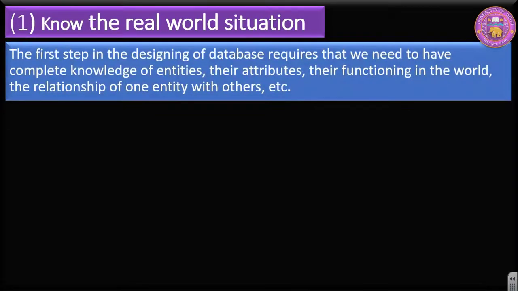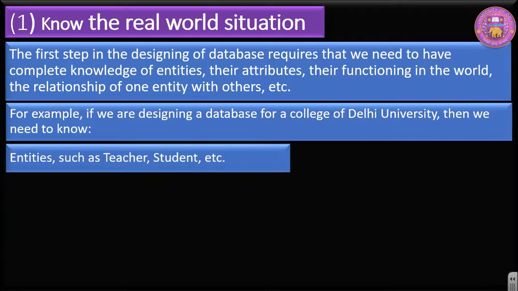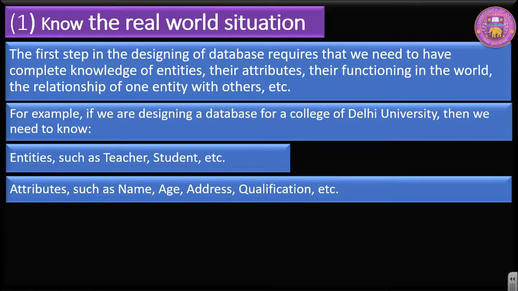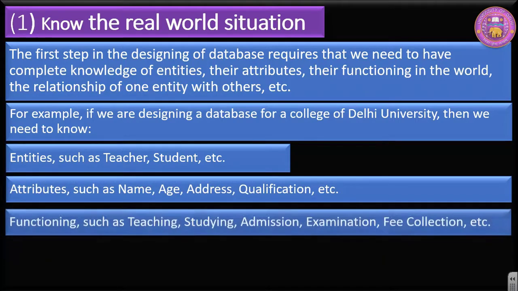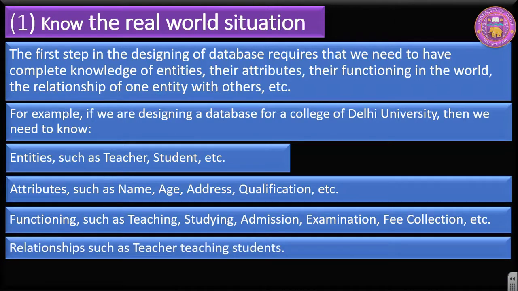So the first point is know the real world situation. The first step in the designing of a database requires that we need to have complete knowledge of entities, their attributes, their functioning in the world, the relationship of one entity with others, etc. For example, if we are designing a database for a college of Delhi University, then we need to know entities such as teacher, student, etc. Attributes such as name, age, address, qualification, etc. Functioning such as teaching, studying, admission, examination, fee collection, etc. Relationships such as teacher teaching students.